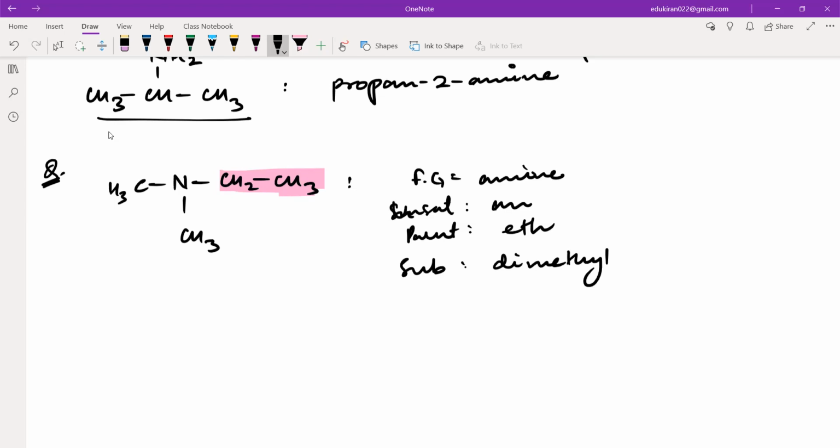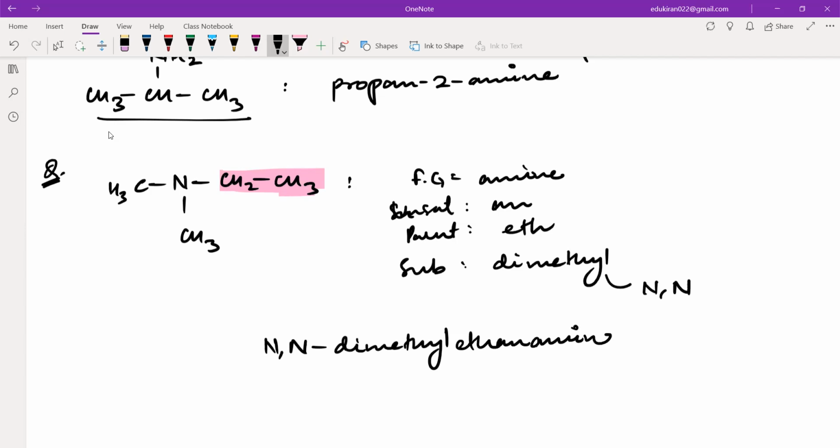So how do we number it? We number it by putting N and N, that means both methyl groups are present at the nitrogen. So we write N comma N, then a dash, because it is just acting as a number. It is not a number, but still we use N,N-dimethyl. N,N-dimethylethanamine. Okay, so this was asked in 2017.